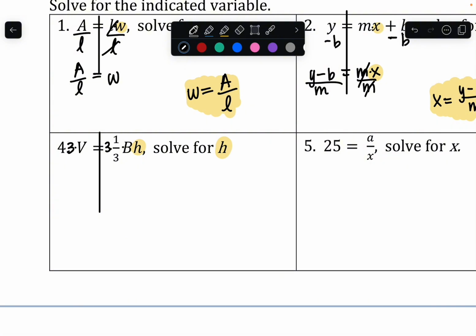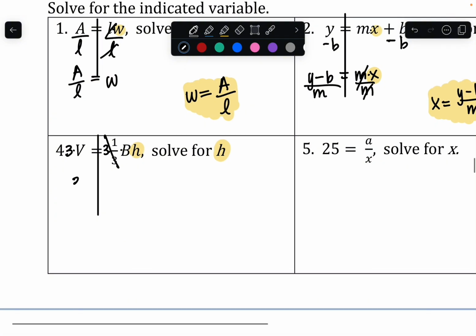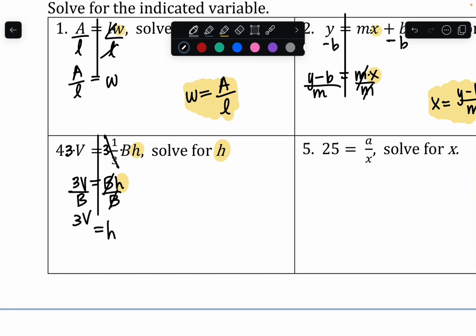So we are going to multiply both sides by 3 to get rid of that 1/3. So that leaves me with 3v equals b times h. Still trying to solve for h, we would now divide both sides by b. Okay, and so that leaves me with h by itself, 3v divided by b.